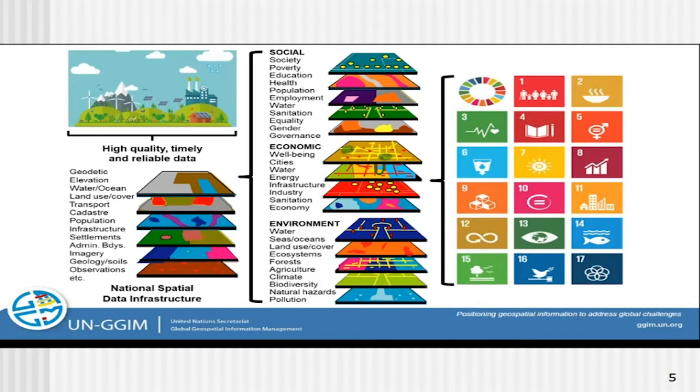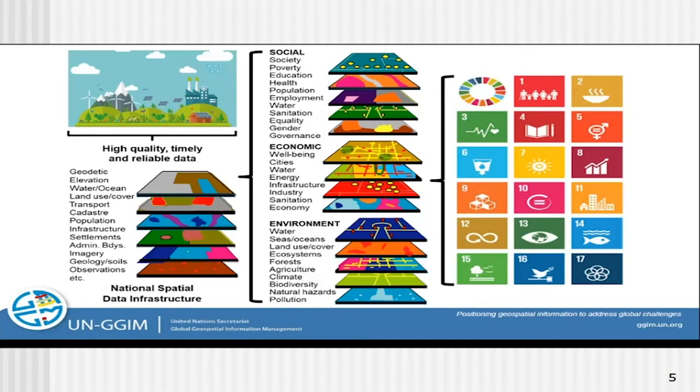We have economic data: water, energy, infrastructure, industry, etc. We have physical, environmental data: land use, ecosystem, forest, agriculture, biodiversity, etc.